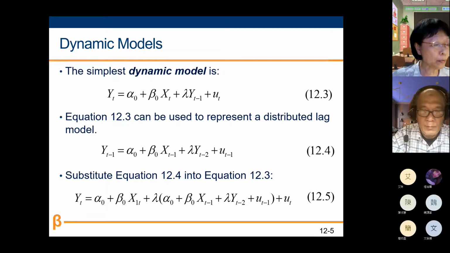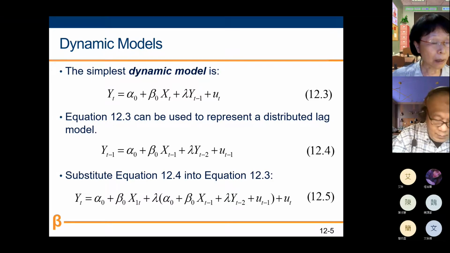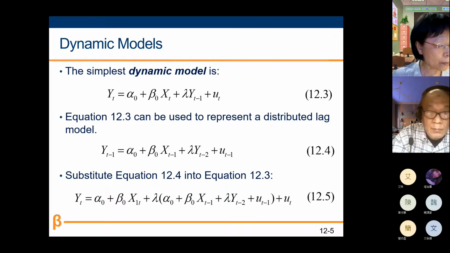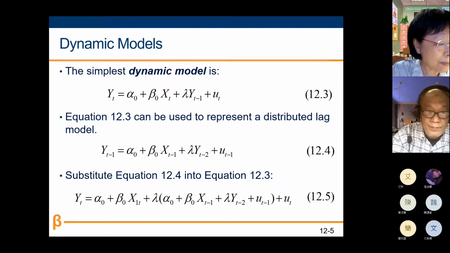In fact, both models are in a class of dynamic models, and this implies that the impact of the independent variables can be spread out over a number of time periods. Now let's consider why it is important to have the impact spread out over a number of time periods.